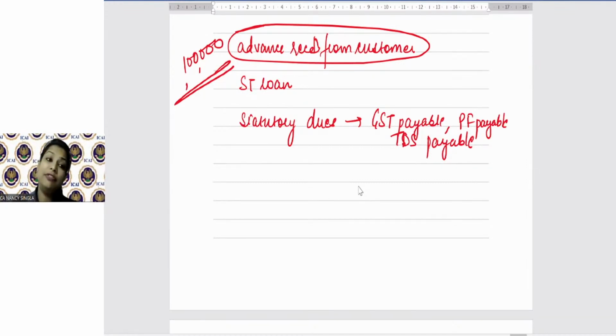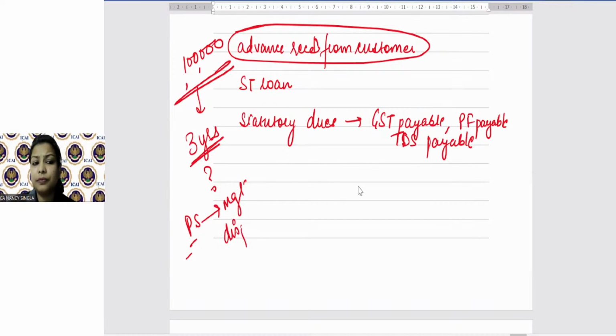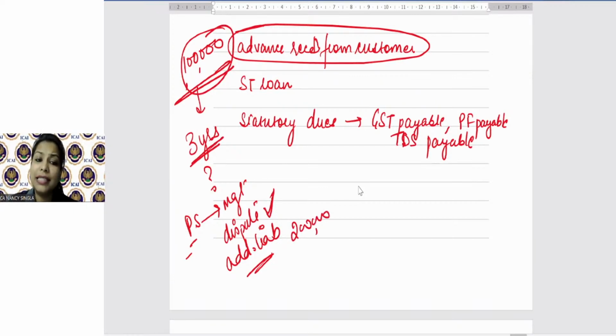If this advance was received, let's say, 3 years ago and has still not been settled, apply professional skepticism and ask management, is there any dispute? It may be that there is some additional liability to be paid, that this is not only 1 lakh, this is a disputed matter whereby the company is required to pay, let's say, an additional 2 lakhs. Absolutely correct. You can also take external confirmation. Correct, Jyoti. Absolutely correct, students. Now you understand, now you frame the answers yourselves.